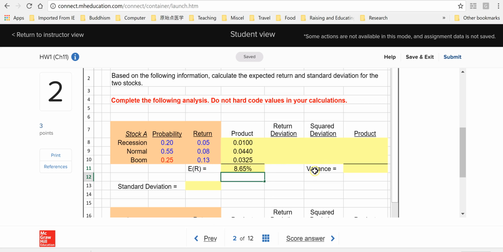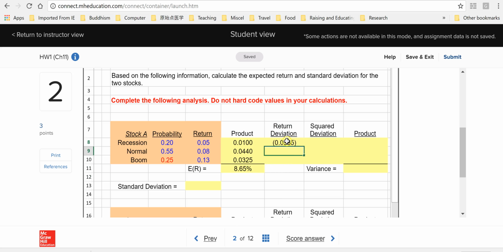And then to calculate variance, you have to multiply the probability by the squared deviations. First, this column is the return deviation, which is the difference between the return and the expected return.